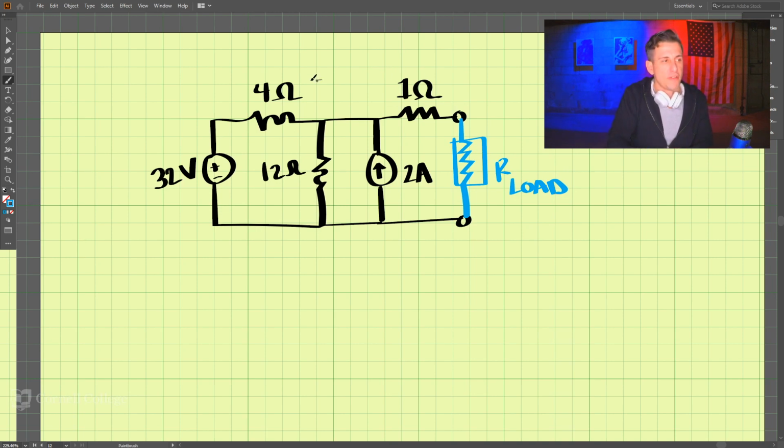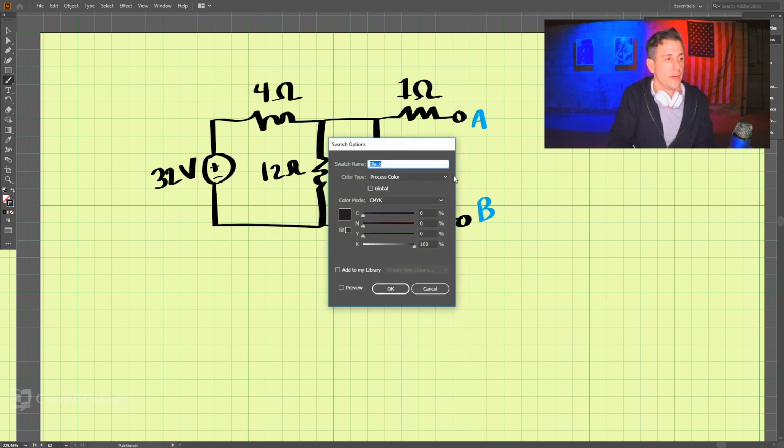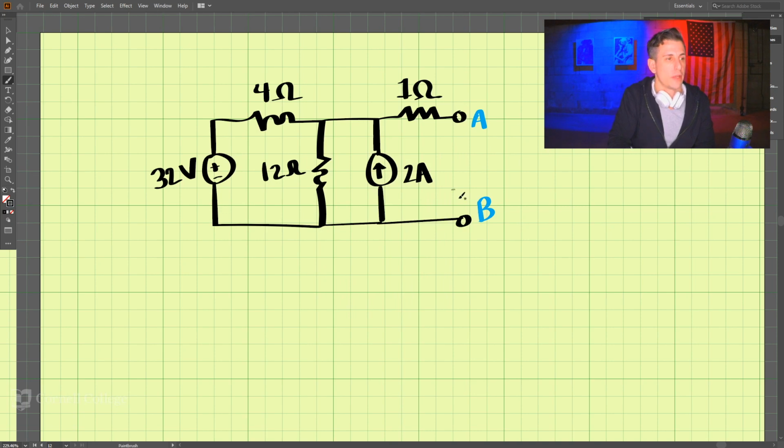Now we want to simplify all of this. So let's delete some of this stuff here. We want to find the resistance between here and here. So step one is to turn off all of the independent sources.